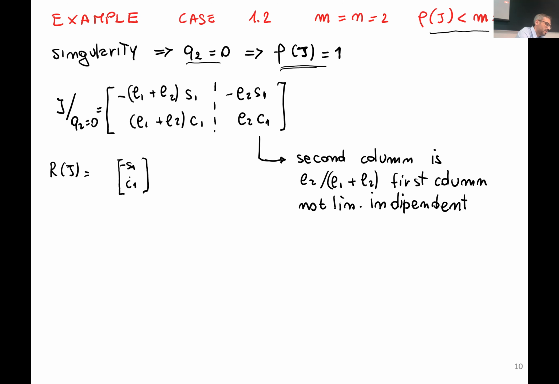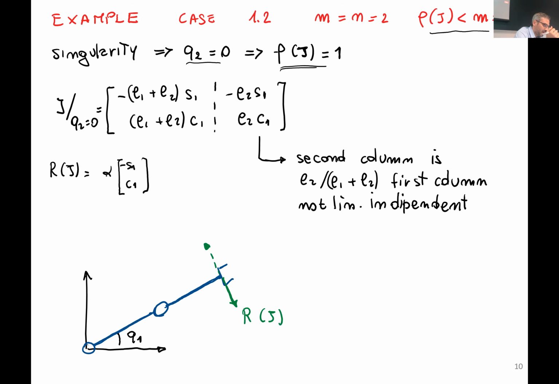Multiplying by a scalar alpha, we can have this, and let's draw it. Take any vector that has this component, and you find the direction of the range space, because minus sine q1 is this vector, and cosine q1 is this vector.